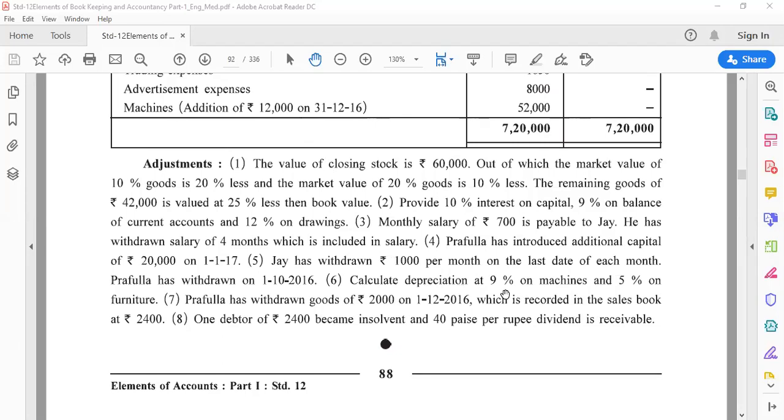Let's calculate depreciation on machine at the rate 9%. Write down next working. Depreciation on machine at 9%. And that machine is introduced on which date? Can you tell me?